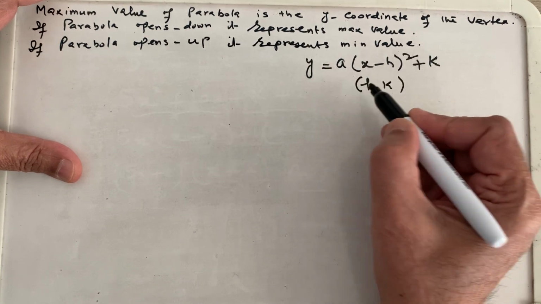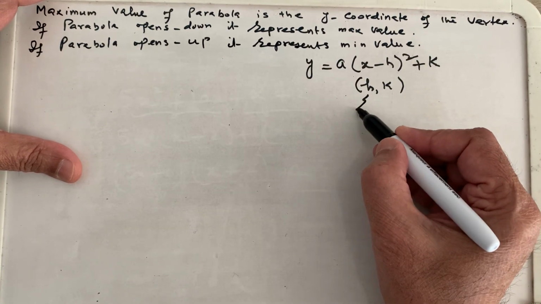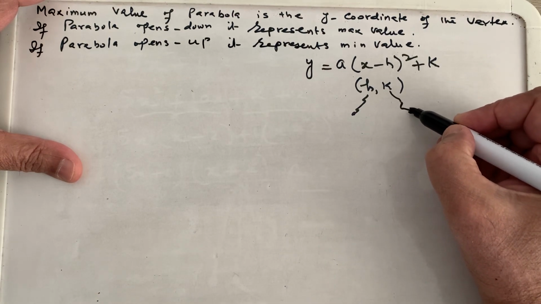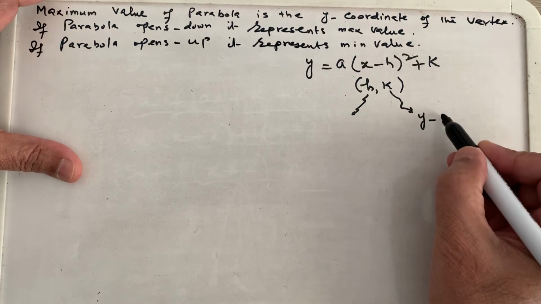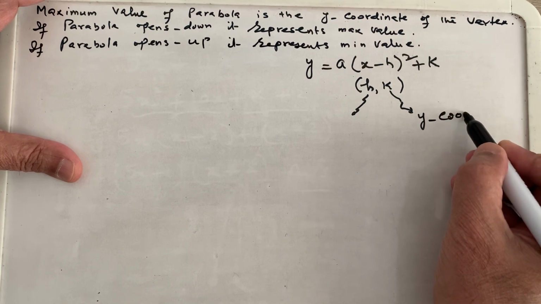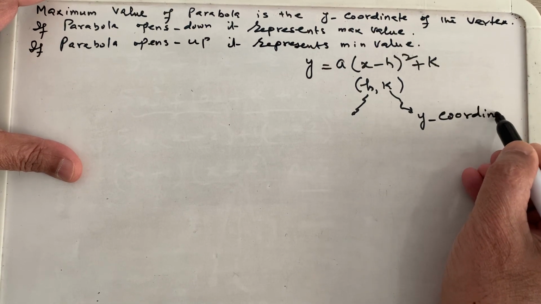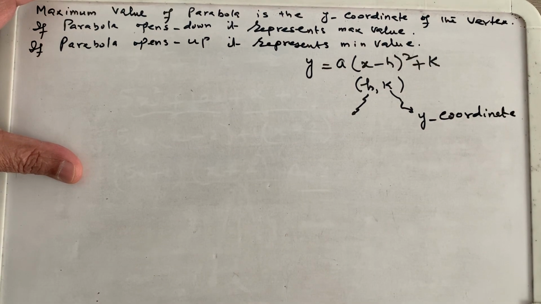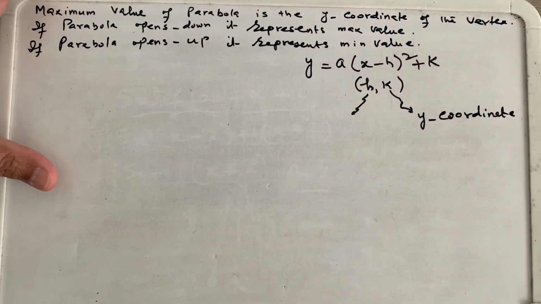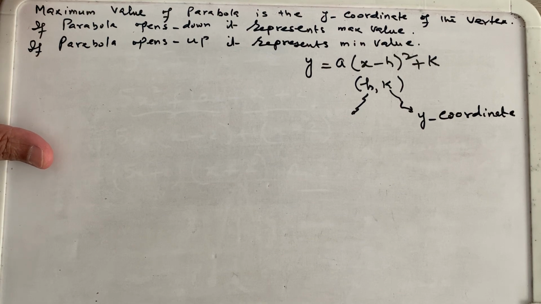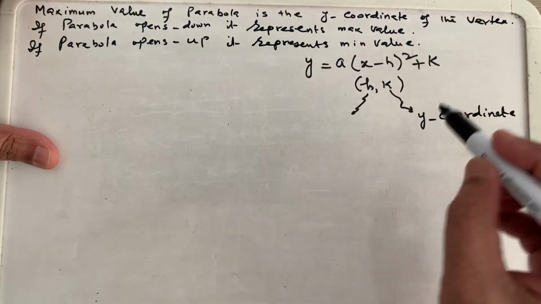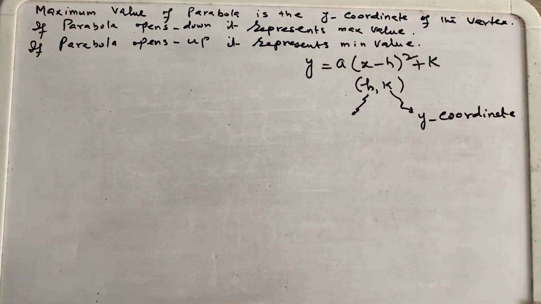And we learned that h represents the x coordinate, and k is your y coordinate. This y coordinate, or k value, has some more effects. Now, the maximum and minimum value of a parabola: the maximum value of a parabola is the y coordinate, so we will concentrate on the k value.